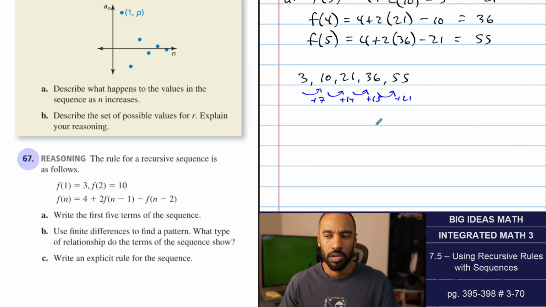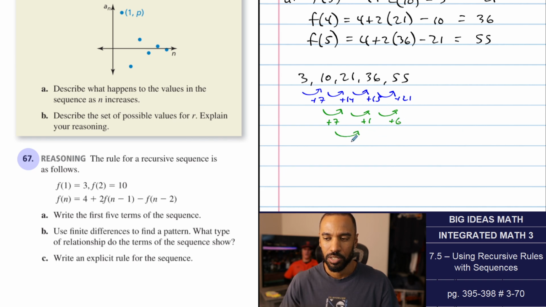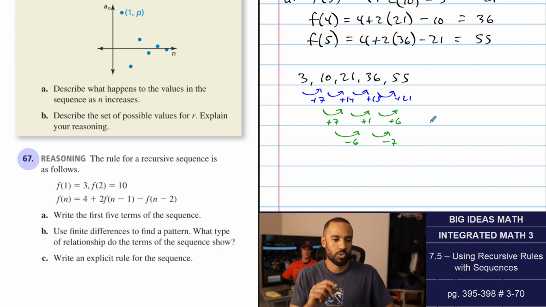Okay. So the first differences are what? Do they have a common difference? I don't know what they want on this one here.